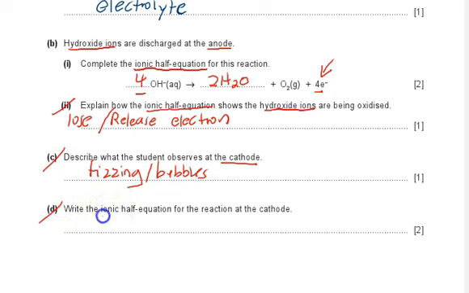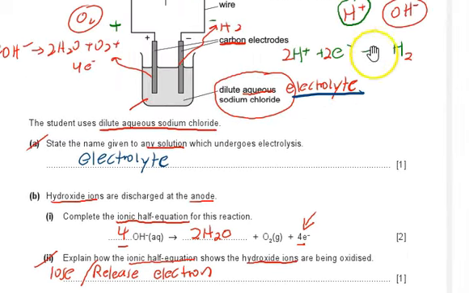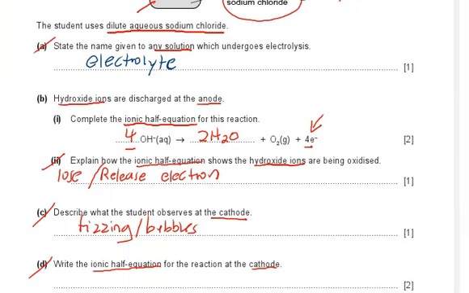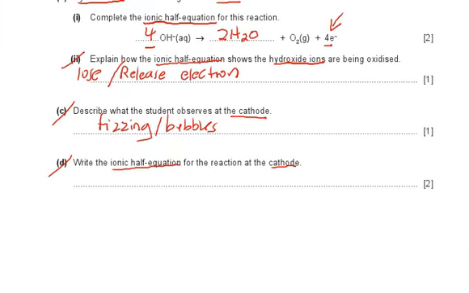Okay, write the ionic half equation for the reaction at the cathode. So I'm going to rewrite what I've explained over here. Okay, so this is your half equation.